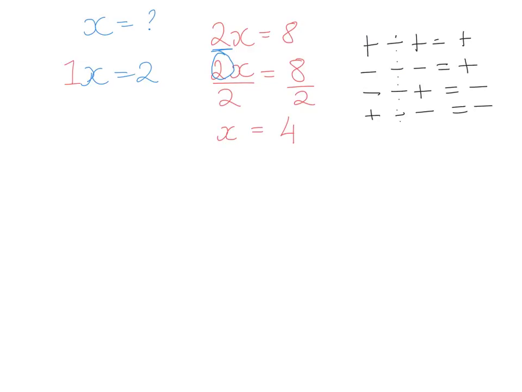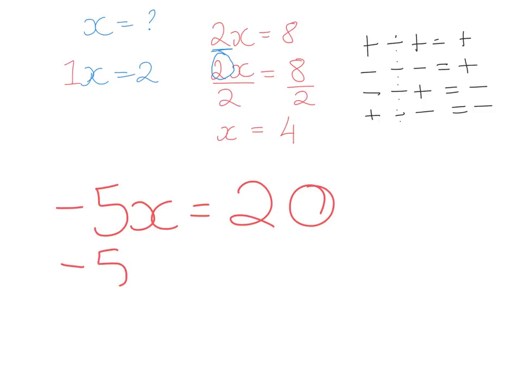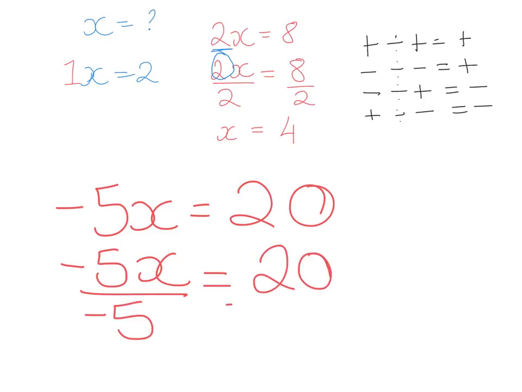So for example, if I had minus 5x is equal to 20, I would be dividing across by minus 5. So it would be minus 5x divided by minus 5, which is equal to 20 divided by minus 5.